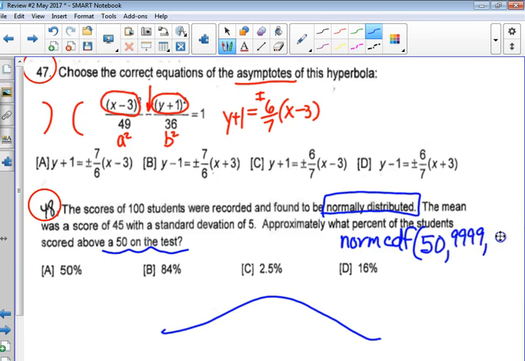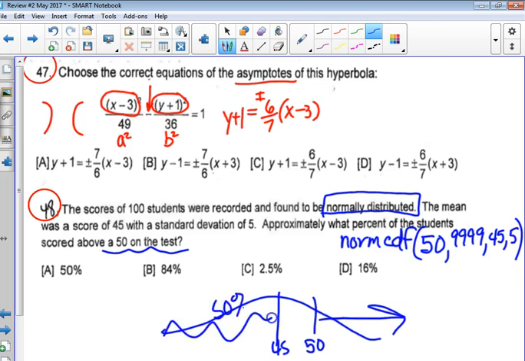Where the mean is 45 and a standard deviation of 5. Anybody get an answer or know this one? If the mean is 45 and this is 50 and they want to know above a 50, remember this whole half is 50%. This is 34%.